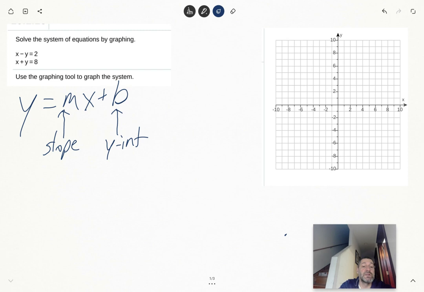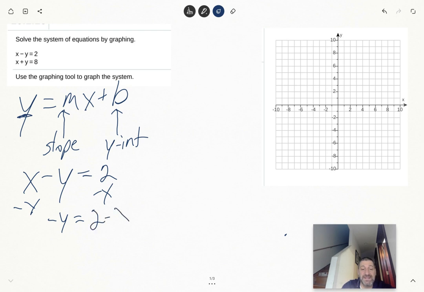Okay, so in this first equation, x minus y equals 2, I have to solve for y to get that y alone, and then I'll know my slope and my y-intercept. So I'm going to subtract x from both sides. That leaves me with not just a y, but I got to bring down that negative, and that's equal to 2 minus x.